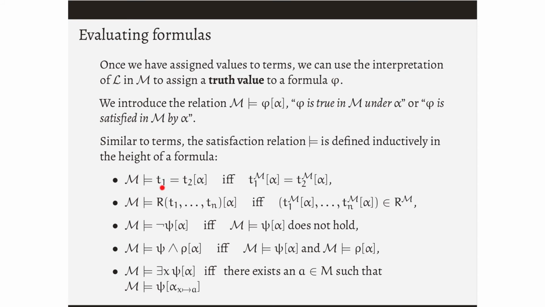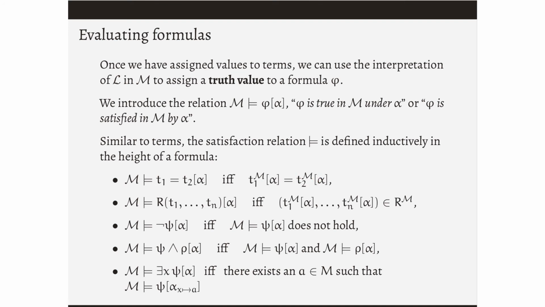The atomic formulas, one where we just have an equality between two terms, and that holds in M. Well, each term gets assigned a value, as we just defined, by an assignment inside a structure, right? So we denote those by t to the M of square bracket alpha. And we say that this formula holds in M, or is true in M, under alpha if those two values coincide.